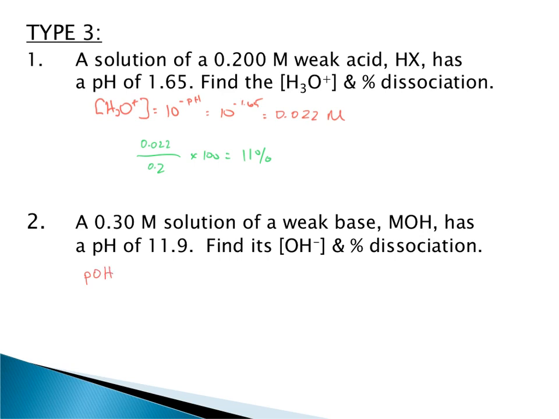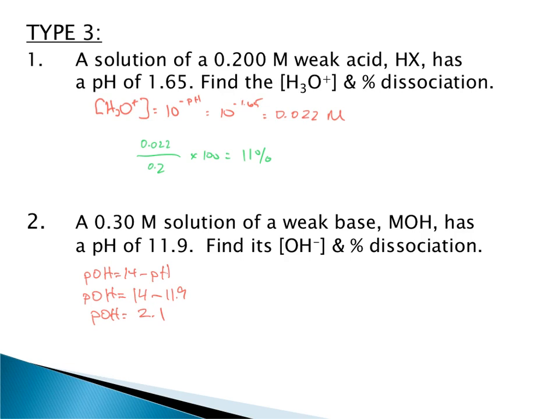The pOH is going to be 14 minus the pH. The pOH is going to be 14 minus 11.9. The pOH is going to be 2.1.